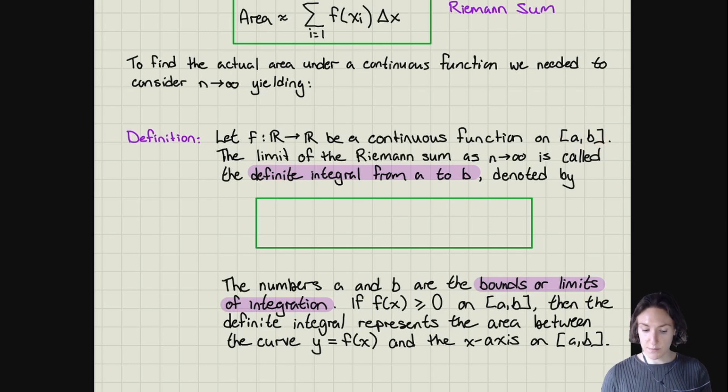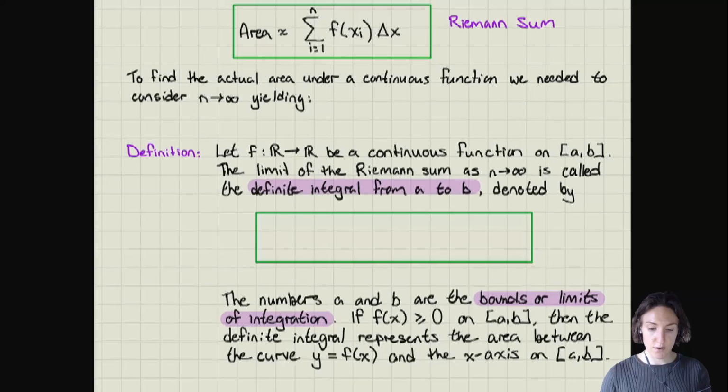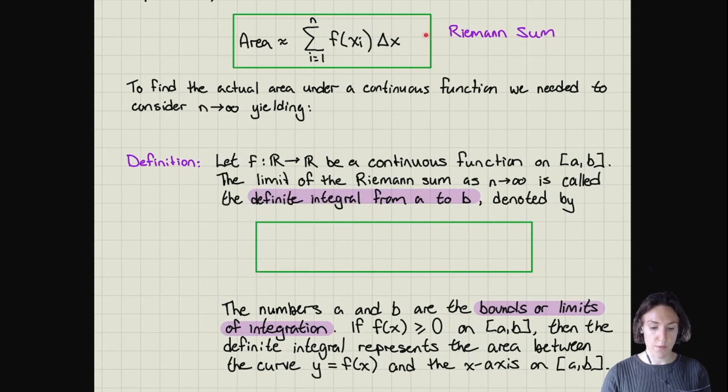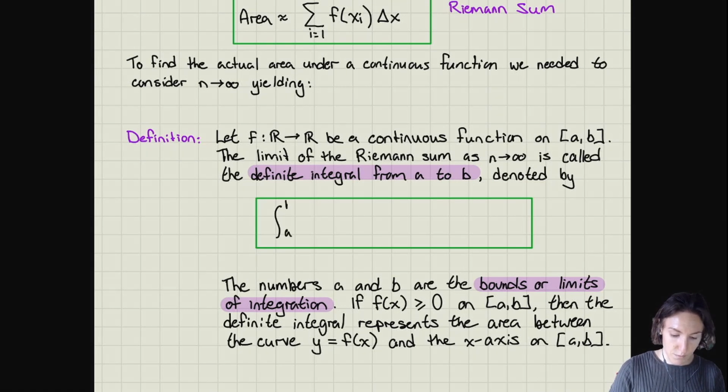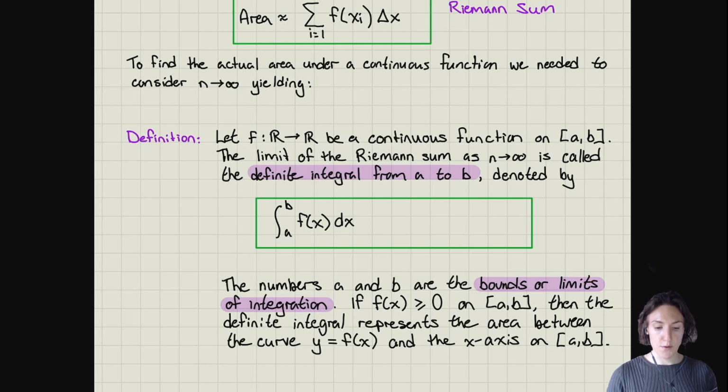But if we're looking at a particular interval, and then we look at the limit of the Riemann sum as n goes to infinity, and remember this is what the Riemann sum was called, okay? It's just this expression to approximate area. Then the definite integral from a to b is denoted by, we use our integral symbol, from a to b, where these a to b are bounds or limits of integration, whatever the function is we're integrating over, and the dx tells us what variable we're integrating with respect to.